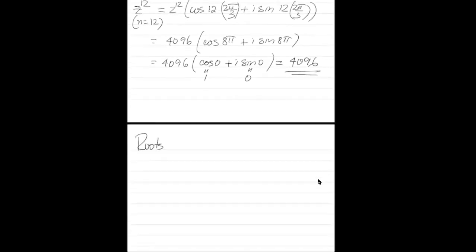All right, the next thing we're going to do is roots of complex numbers. So far we did multiplication, addition, powers of complex numbers. Now it's time for roots, which we have not done in standard form. So we have to do it in trig form.